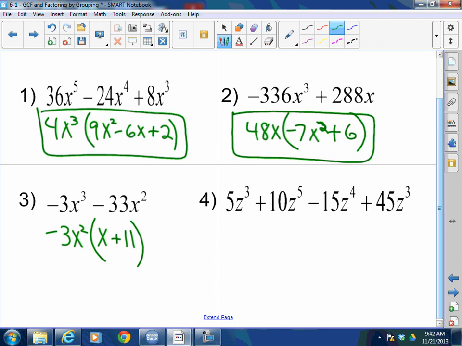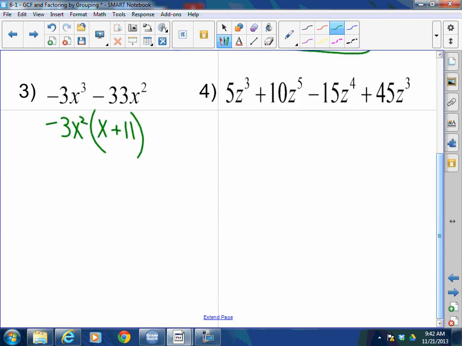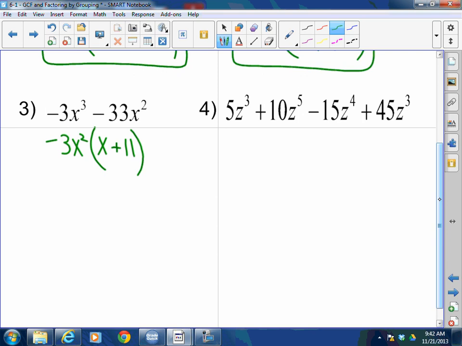Next, number 4. How many terms do I got? I got 4 terms here, right? Okay. Let's try to group these. This is actually a great one, and I love this one. Okay, look. From here, I can factor out a 5z cubed, right?